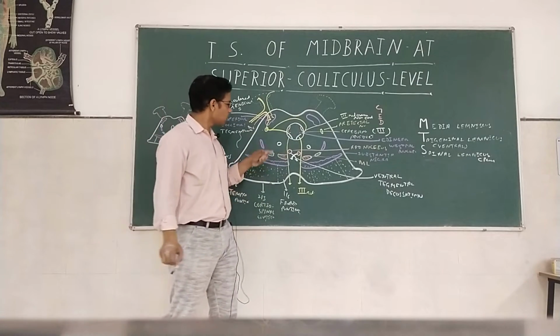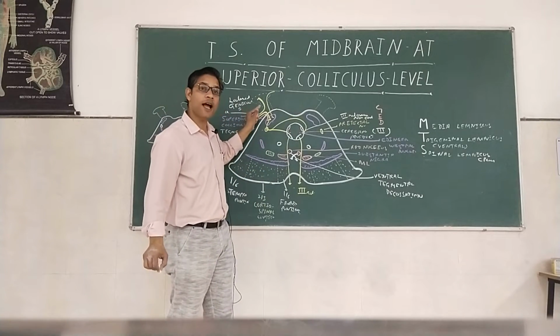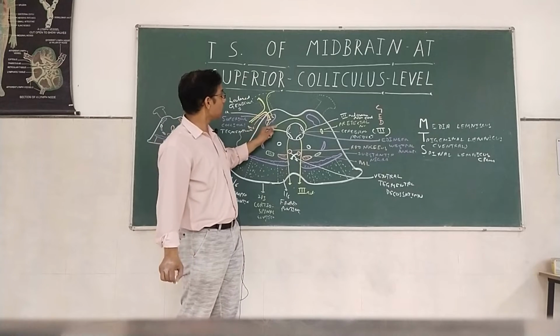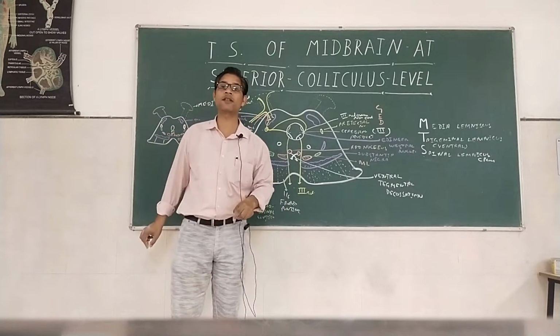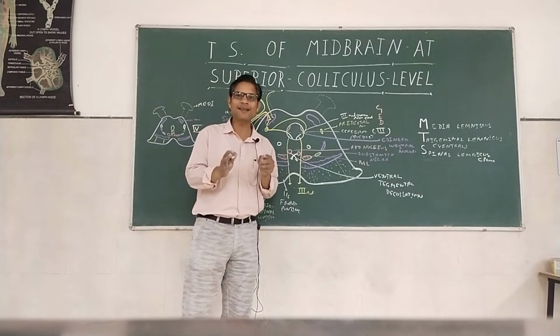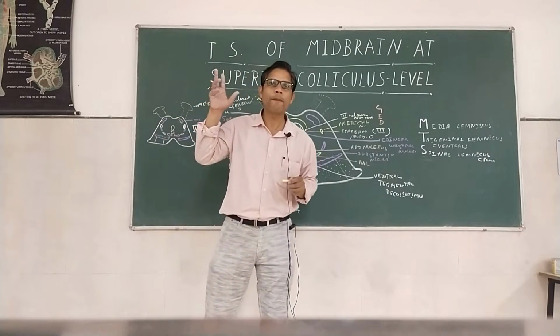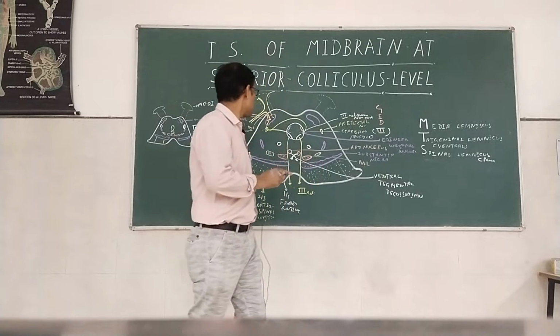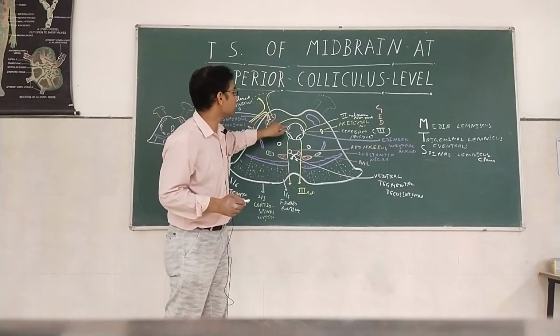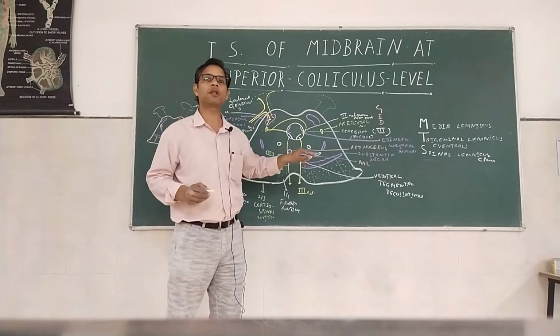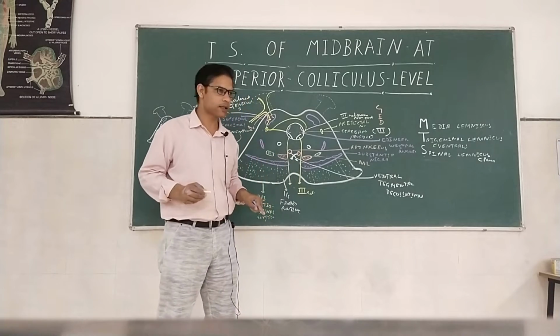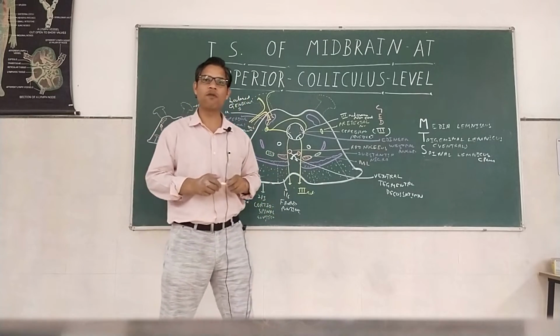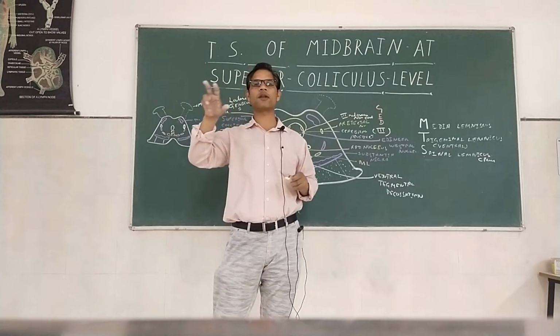So once light is thrown on this side, that will stimulate the Edinger-Westphal nucleus of both sides. That's the reason why there is a pupillary reaction if you put light in one eye, because the pretectal nucleus is connected with the Edinger-Westphal nucleus of both sides. So if you throw light in one eye, there will be a pupillary reaction in both eyes.